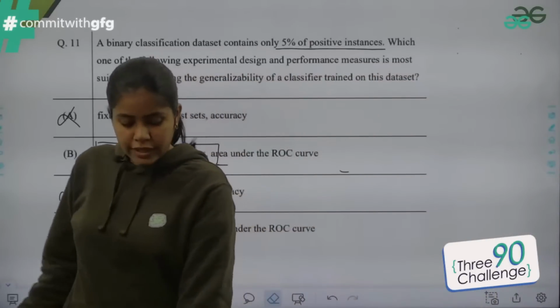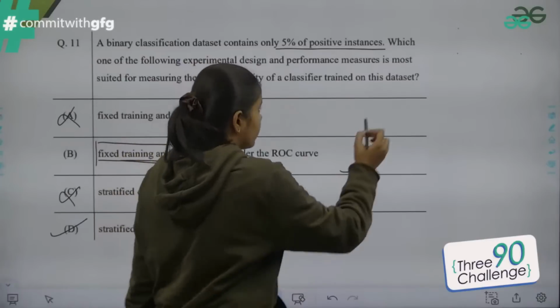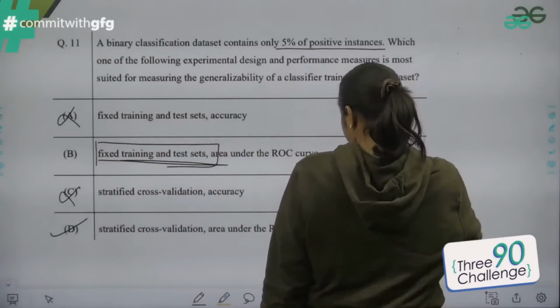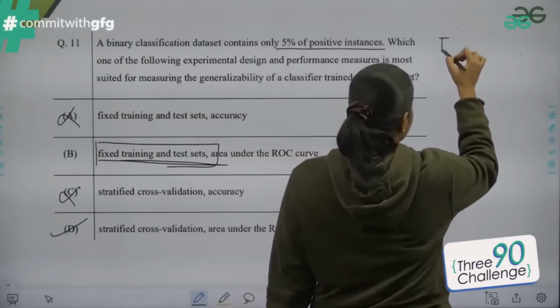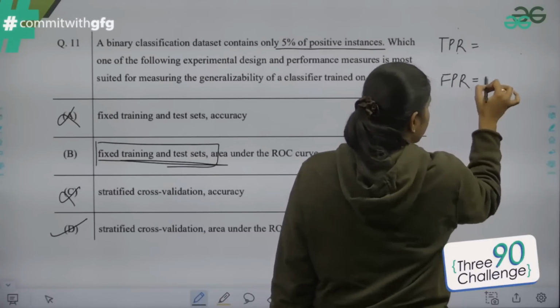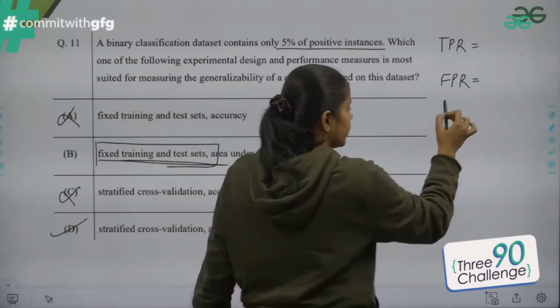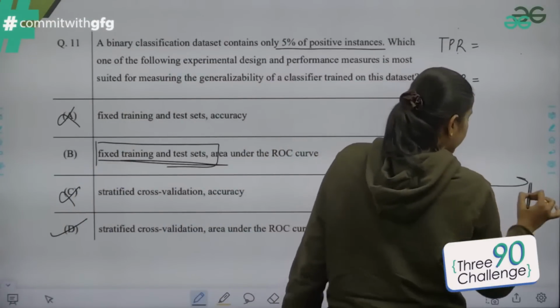What is ROC curve, guys? I can find the true positive rate and false positive rate using true positives and true negatives, right? Using the true positive rate and false positive rate, I can plot this curve.